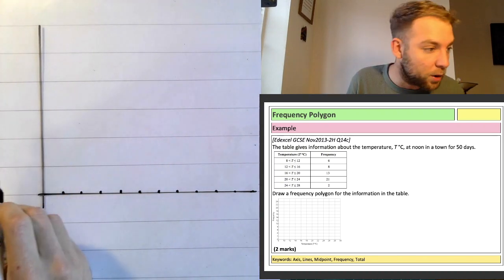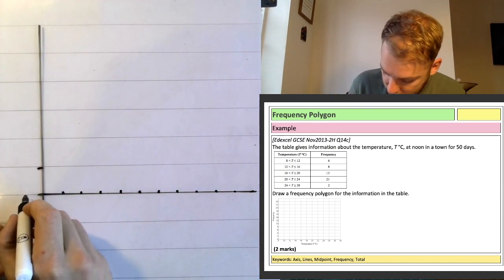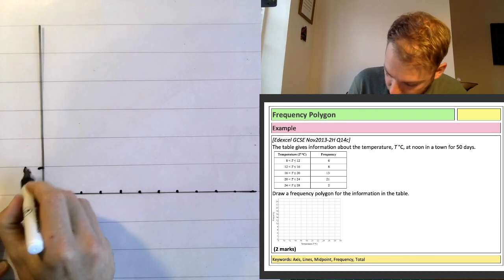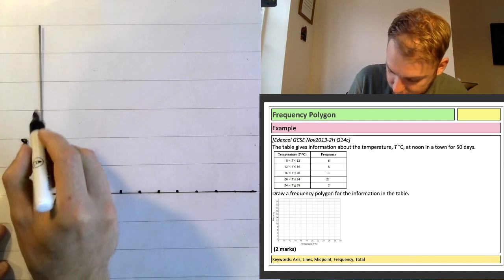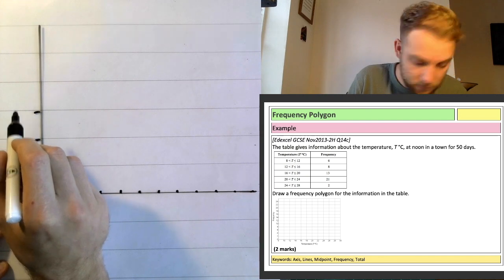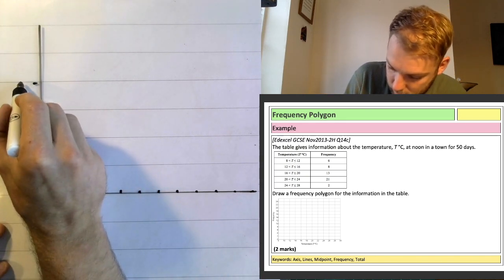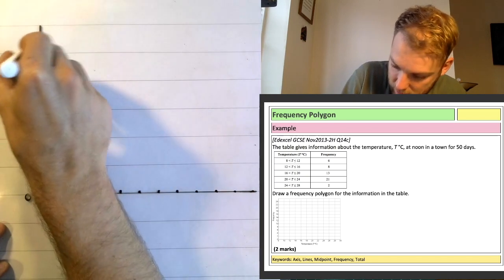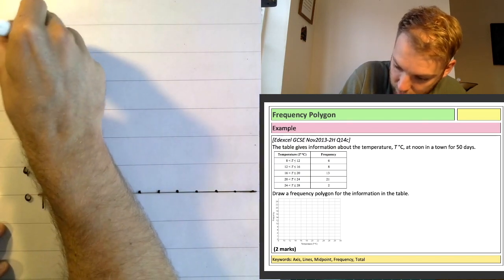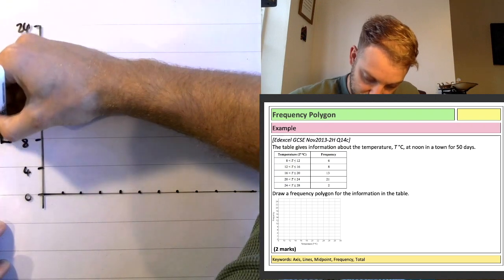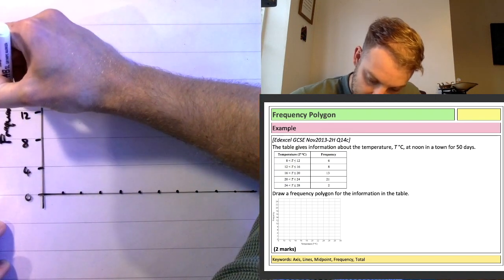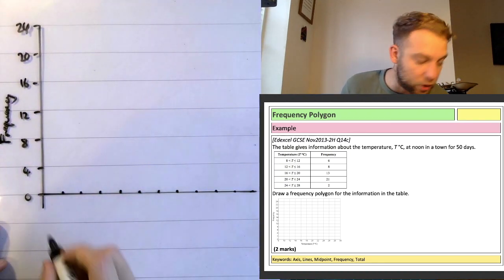So on the side, I'm going up in 4s. So 0, 4, 8, 12, 16, 20, 24, and that there is my frequency. And on the bottom, I'm going across starting from 8.